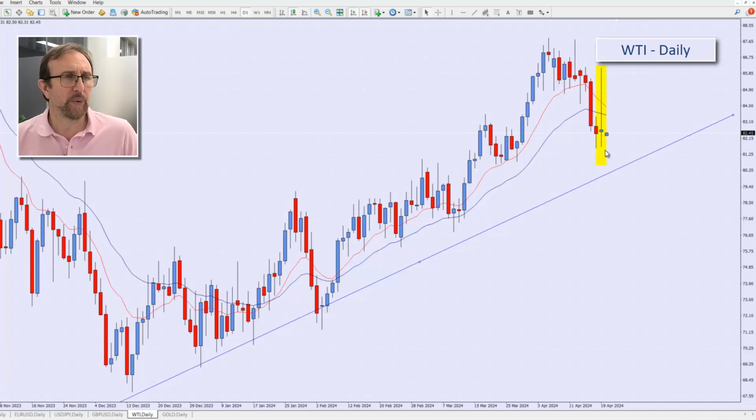Okay, so like I said, what I want to happen is I would like it to push down a little bit more, not necessarily to this line. I've just got this line randomly in. The type of trade here is more a trade in the direction of the trend. So on a pullback, I'm happy to become a buyer, and it does not have to land on that line. But the reason I want it to drop down a little bit more is so that it can make a new low.